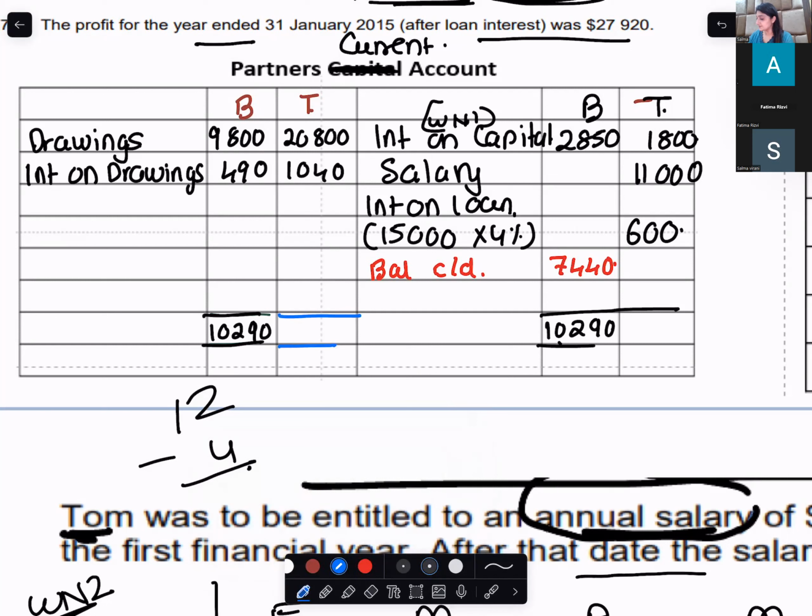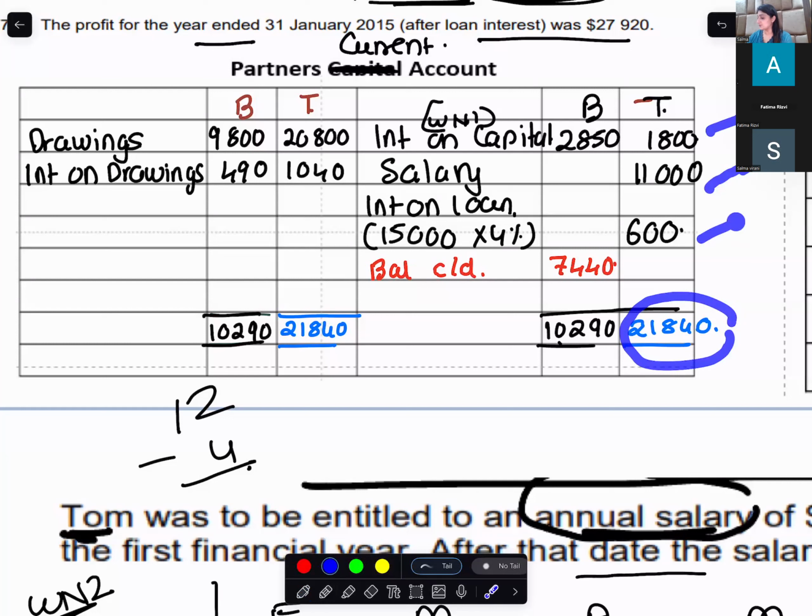Now close the Tom account. Which side is more? Debit. So whatever is more, you write on both the sides. Then you will minus 21,840 minus 123.